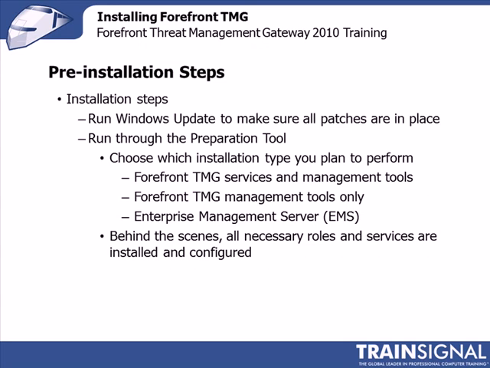There was a period of time when placing a Windows server at the edge of the network without a hardware firewall in place in front of it would have been considered blasphemy. Today, that's possible with Threat Management Gateway, but you still don't want to take risks, so make sure that you keep that machine patched, and that starts with making sure that your Windows updates are run before you proceed with the installation process.